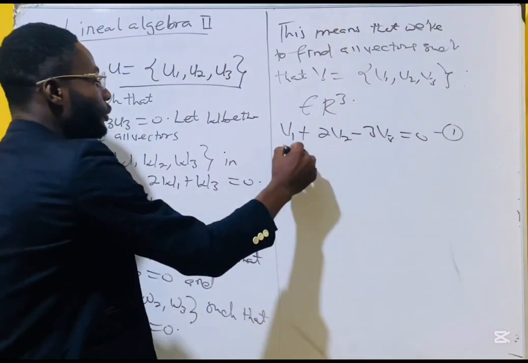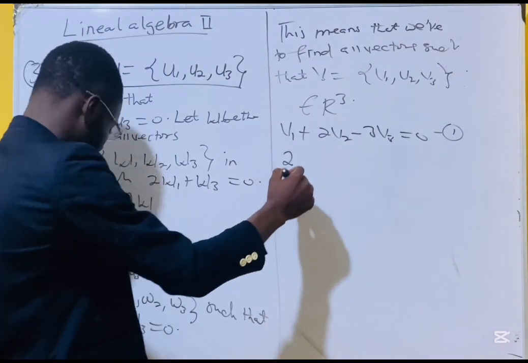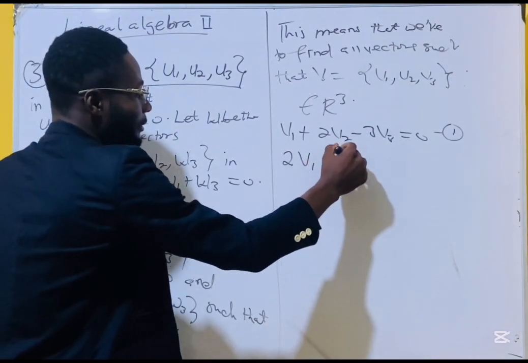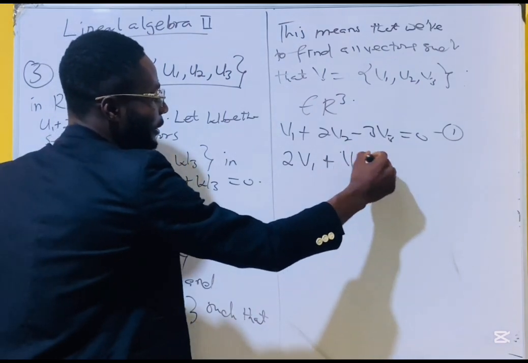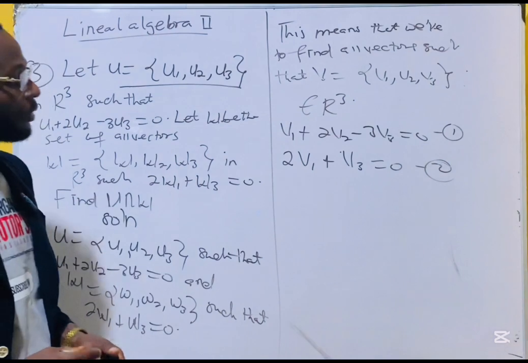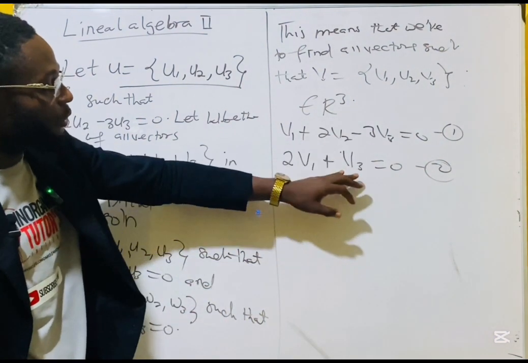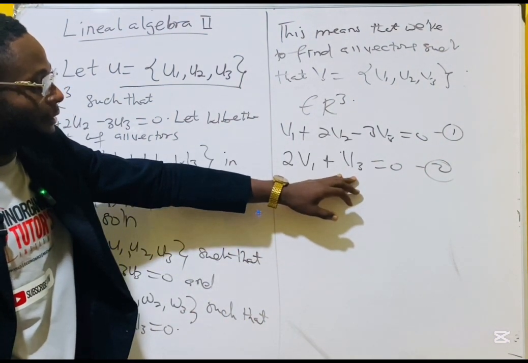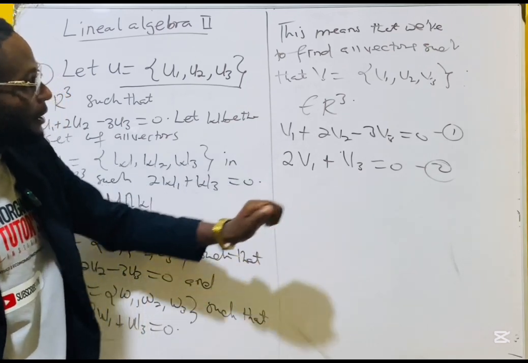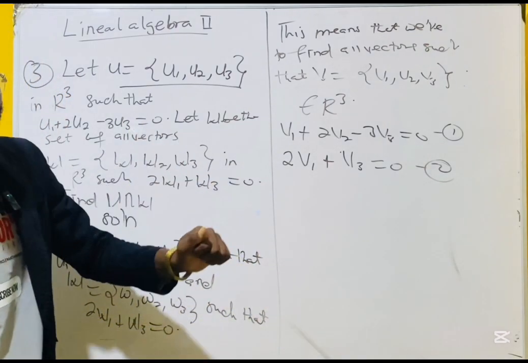Then we have 2v1 plus v3 is equal to 0. So this is equation 2. Now we have to solve these two equations and find the intersection, right?